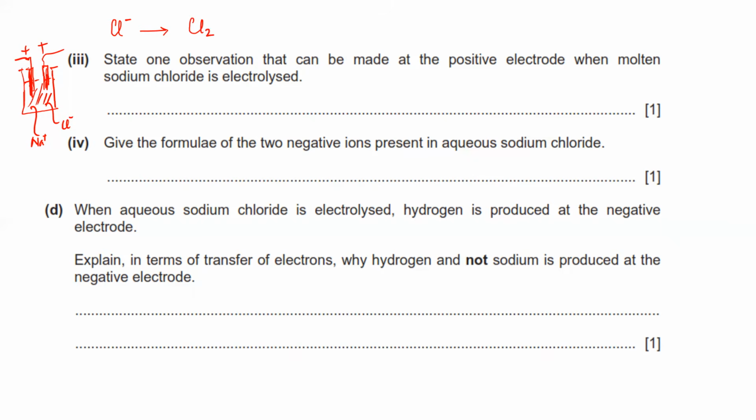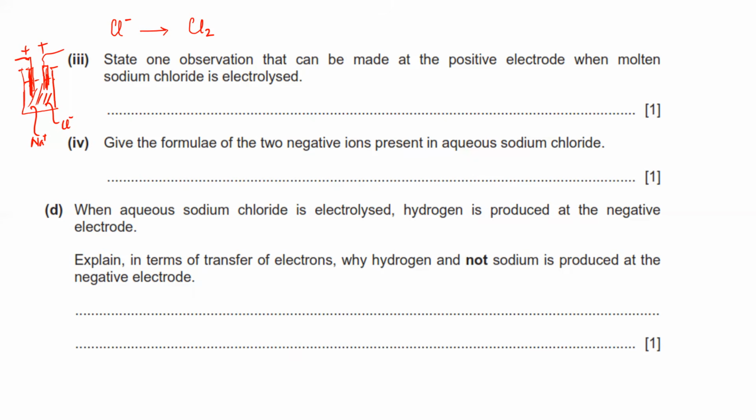So with this observation, basically they want us to say what is practically happening. So practically in this chamber we'll see some gas coming out, and the observation for gas is some sort of bubbles coming out. And the other thing, chlorine gas has a very distinct color, so it is greenish in nature.